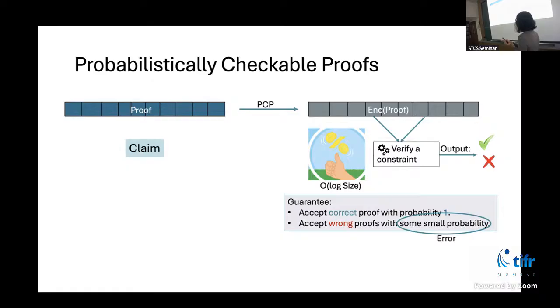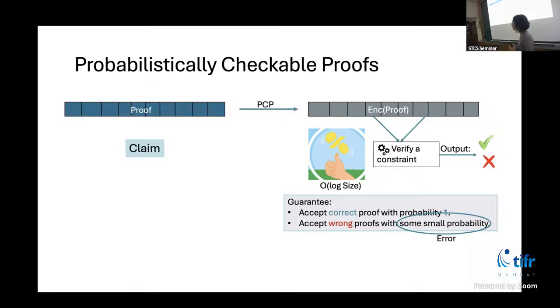Yeah, that's a good point. Imagine that the claim is wrong, in the so-called no case. Then a correct encoding of the proof will be accepted with small probability, but actually anything that the prover gives you, it may not even be an encoding of a proof, you want that anything it gives you will also be accepted with small probability.